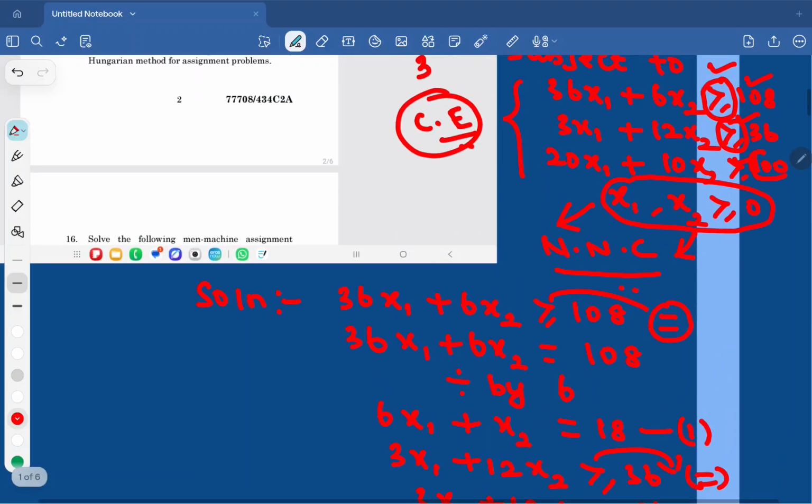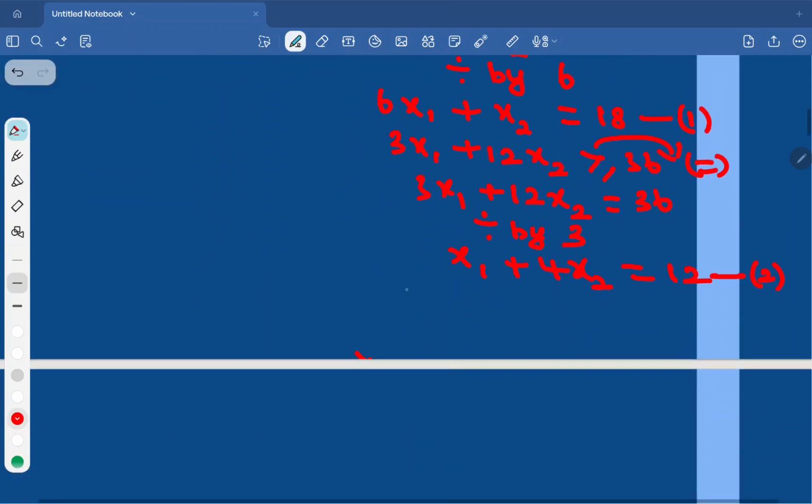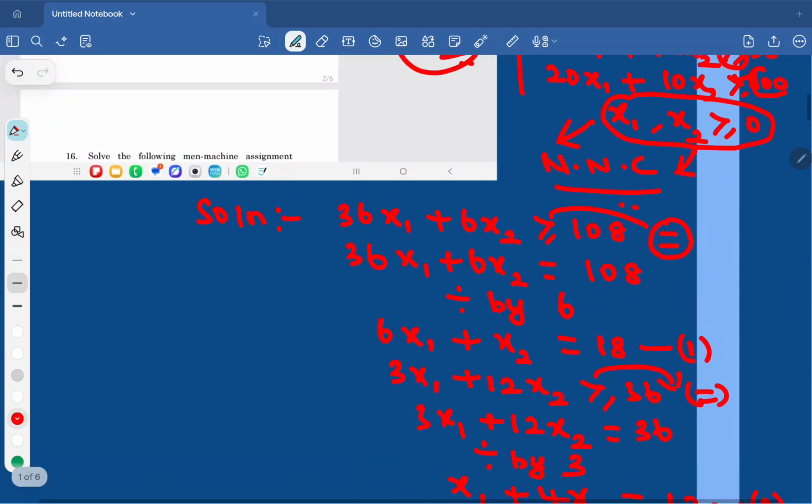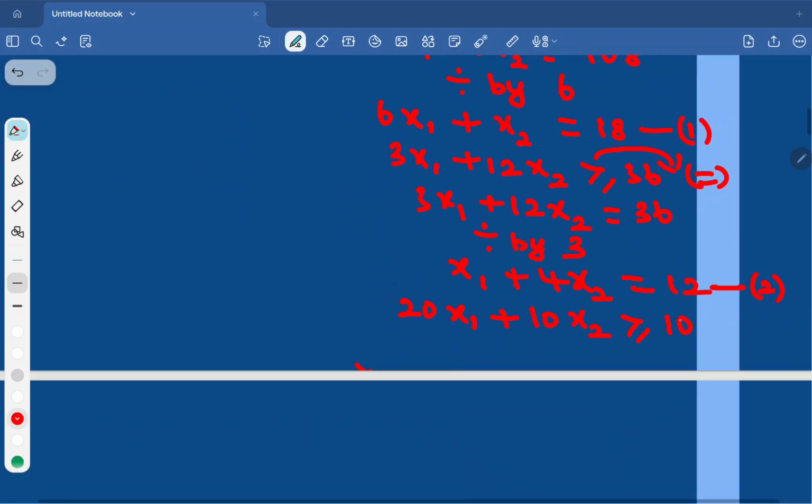This is equation 2. What about the third constraint? 20x1 plus 10x2 greater than or equal to 100. Again, convert this into equality. It becomes 20x1 plus 10x2 equal to 100. Divide by 10: 2x1 plus x2 equal to 10. This is equation 3.